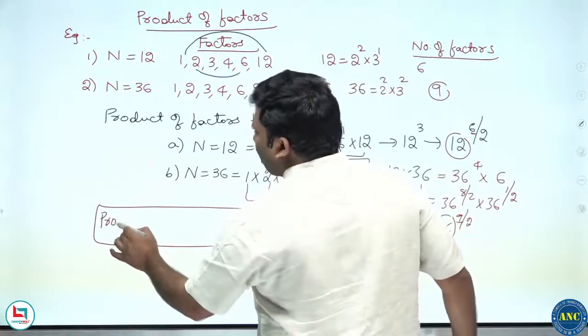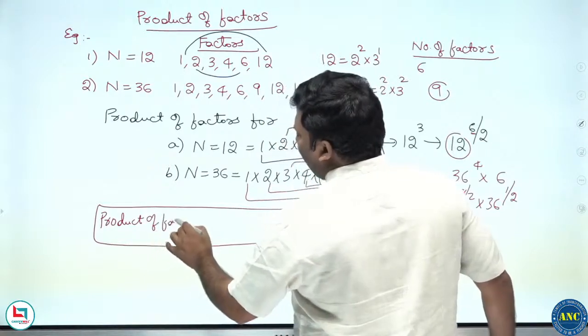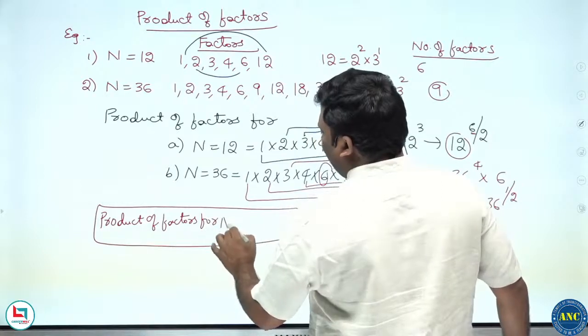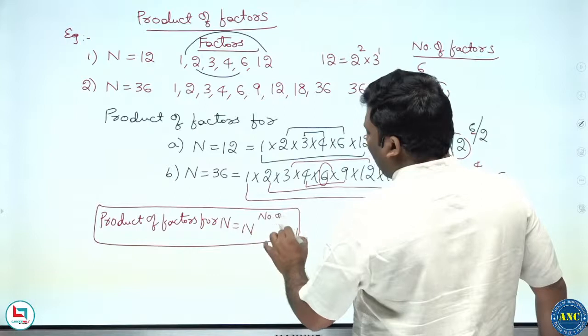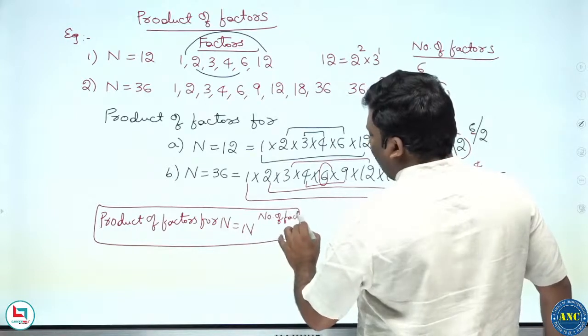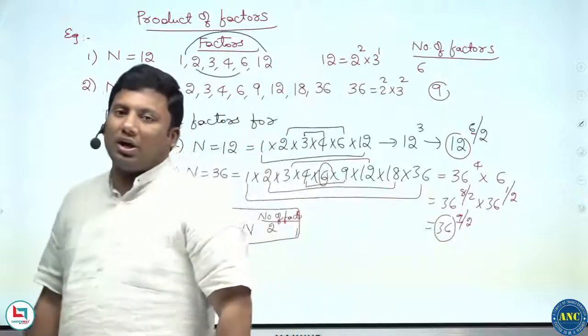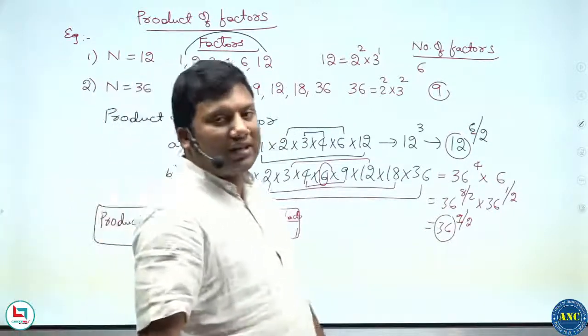Product of the factors for n is given by number power number of factors by 2. It does not matter whether the number is a perfect square or not. It is always number power number of factors by 2.